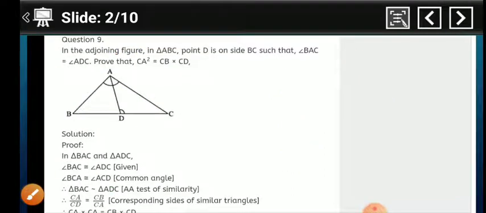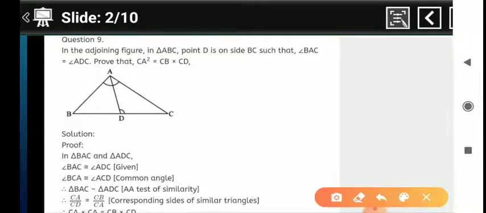Then the last question from this practice set. In the adjoining figure in triangle ABC, point D is on side BC such that angle BAC is equal to angle ADC. Then prove that CA square is equal to CB into CD. So in this figure we have to consider two triangles again.